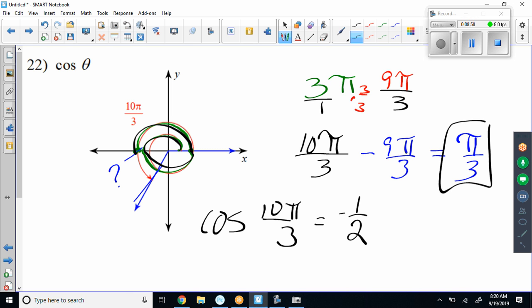How far am I past this? Pi over 3 past this mark right here. I'm 60 degrees past this, which would be 4 pi over 3. So if I go another pi past 9 pi over 3, I'm at 10 pi over 3, which is really 4 pi over 3.